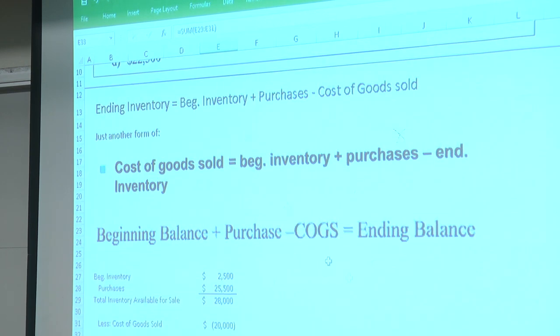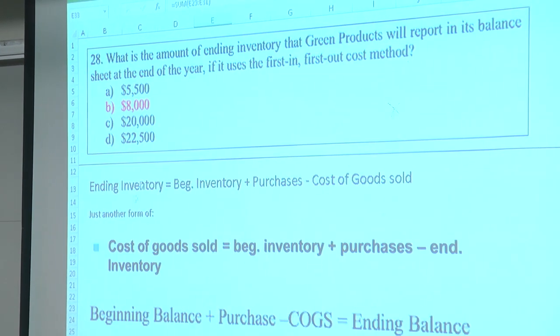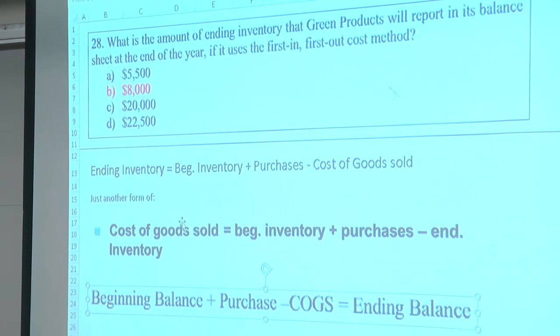But I wanted to take you guys through these formulas. You might have seen these formulas in different forms throughout the slides, but I copied a few instances where I saw it. So you can try to memorize the formula for ending inventory and know that it's beginning inventory plus purchases minus cost of goods sold. The cost of goods sold formula, which we saw on the last slide. These are all just different forms of the same equation.